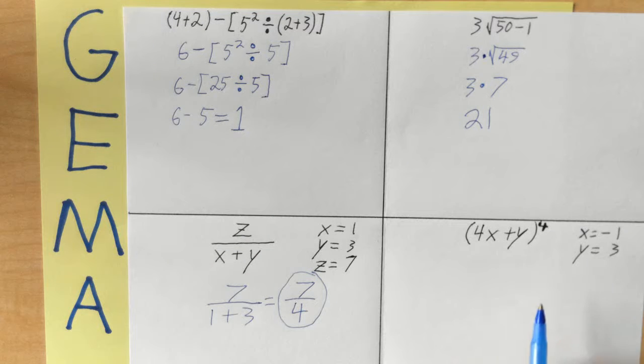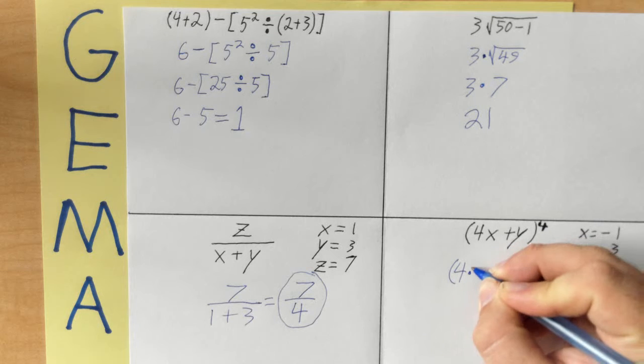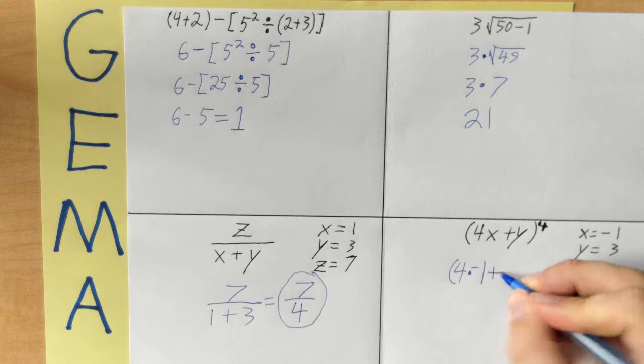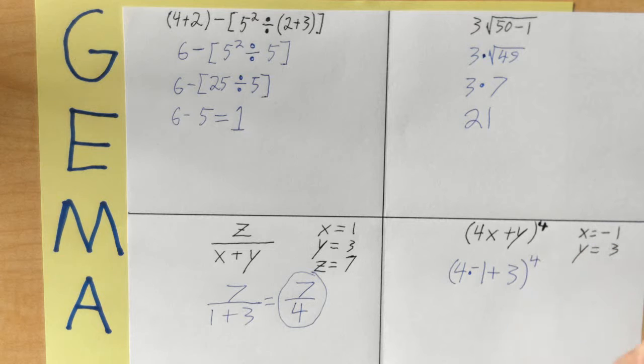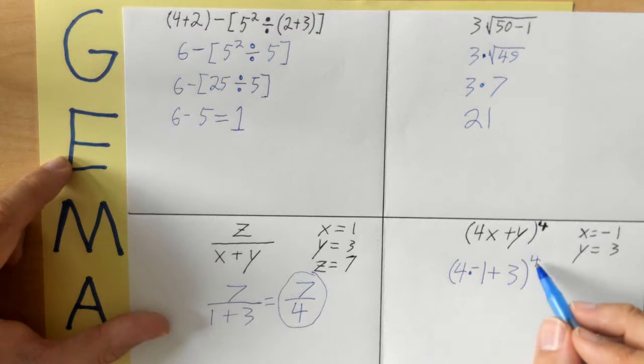Again, we see some variables. We're going to plug in those values. 4 times negative 1. Remember, when they're next to each other, it means times. Plus 3 to the 4th power. Right? Grouping goes first. We notice that the exponent is on the outside.